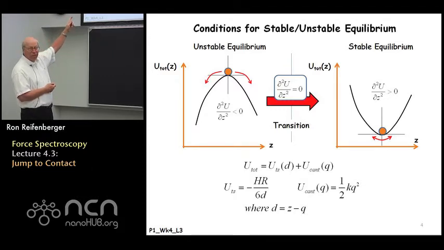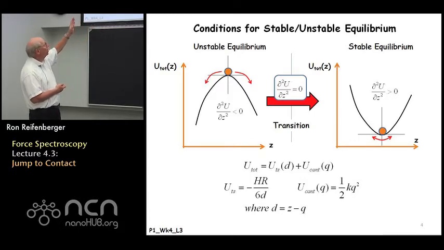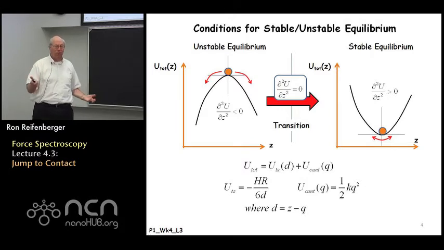In one case, when the second derivative of U with respect to a displacement z is less than 0, we say we're in unstable equilibrium. When the second derivative of the total interaction potential energy with respect to z is a positive number, we say we're in stable equilibrium. And then clearly there's going to be a transition region where you go from the unstable to the stable regime, and that'll be given by the second derivative of the total interaction with respect to z when that's precisely equal to 0.